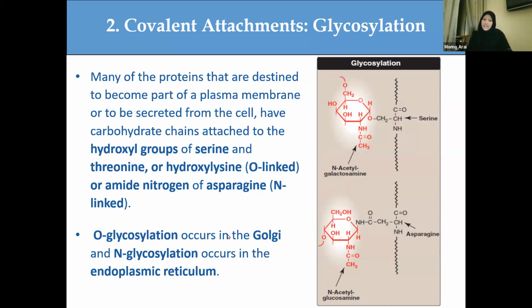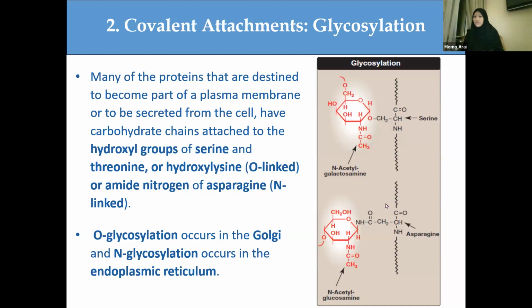Another difference in this slide: O-glycosylation happens in the Golgi apparatus, which is another organelle, and N-glycosylation happens in the endoplasmic reticulum. This is easy to memorize because Golgi has O in it, so that's where O-linked happens. Is this slide clear for everyone?